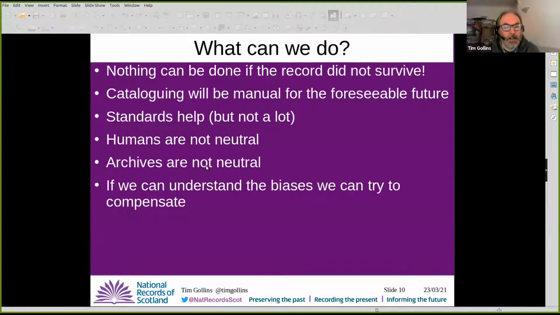If we can understand the biases, perhaps we can try to compensate. So I think there's something about archives declaring their biases and declaring the process that built the archive, so that users of the archive can understand what's going on, and can compensate. They can then understand the results that the archive gives.